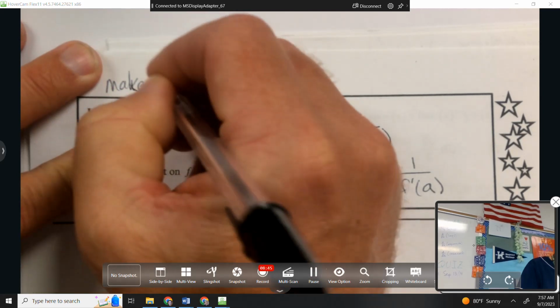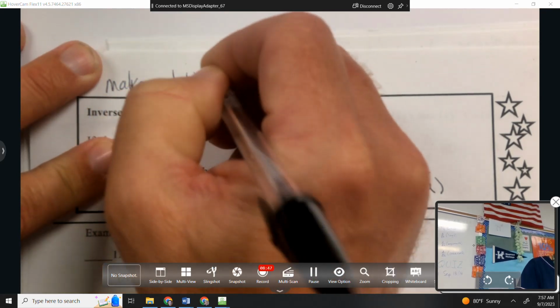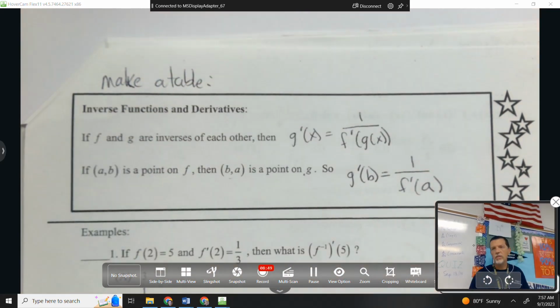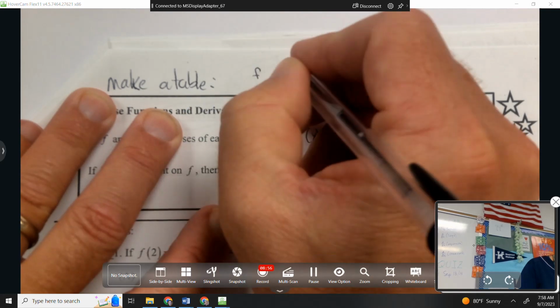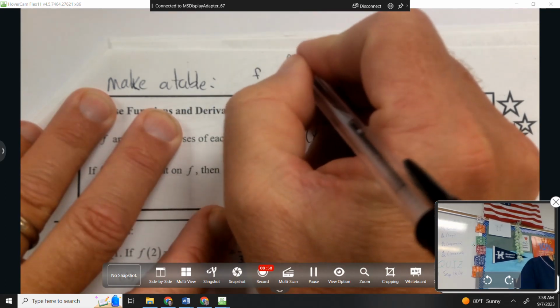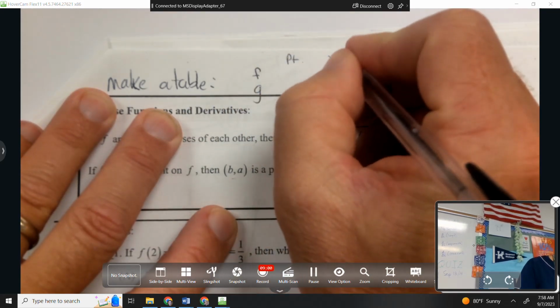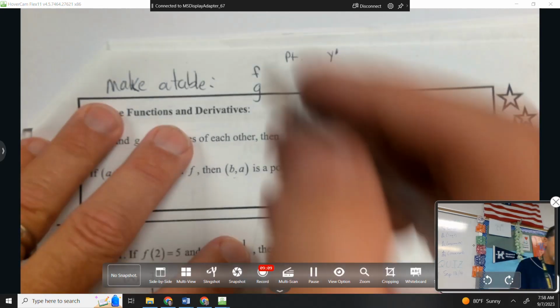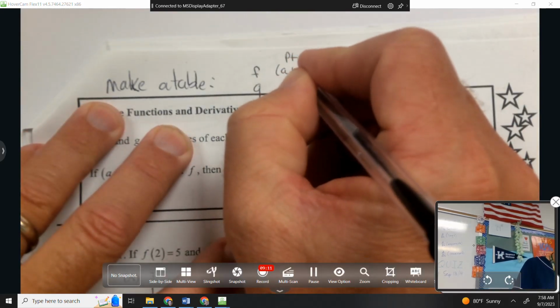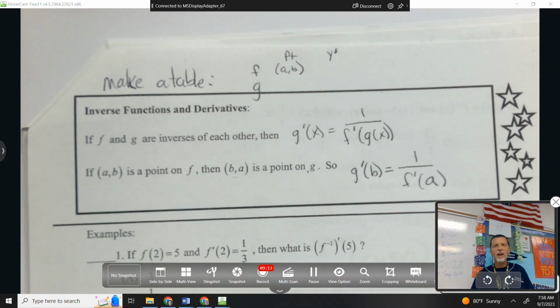Okay, my suggestion for all of these problems is to make a table when you get a derivative of an inverse problem. Lay out the table like this. You've got f and g, you've got a point, and you've got, I'll just call it y prime. I don't want to call it dy/dx because at some point you're going to flip it over. I can't call it f prime because one of them is f prime, one of them is g prime. So the point (A, B) is on f, which means what point is on g?